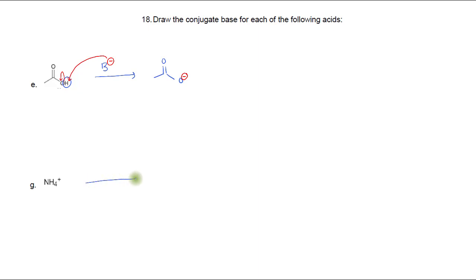In this example here with NH4+, again I have a base with a negative charge. If it helps to draw the nitrogen out with all of the hydrogens and the bonds, you can do so. And the negative charge on the base is going to grab the hydrogen and go fishing for it. Those electrons go on to the nitrogen.